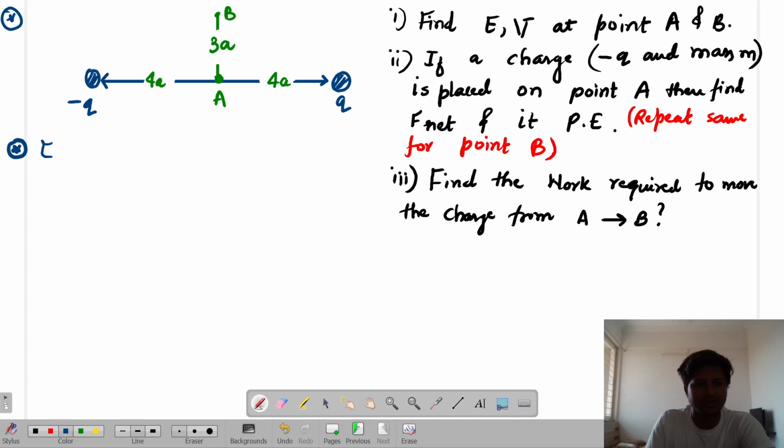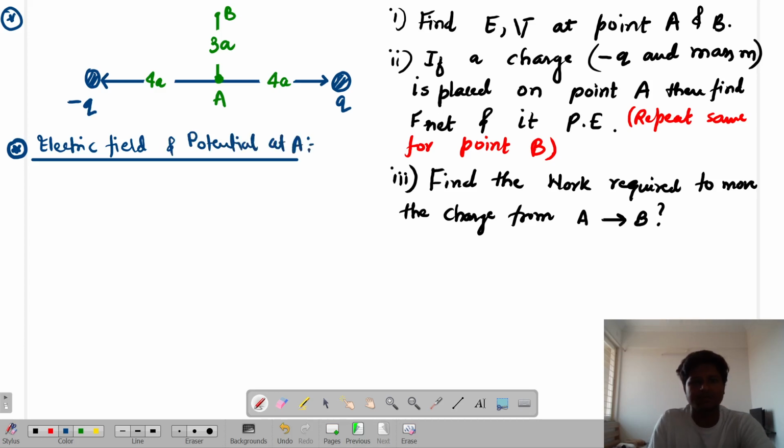So E means electric field at point A. Electric field and potential at A. Now at A, I gave this as minus Q. One minute, sorry. Just make it plus Q. We have two similar charges.